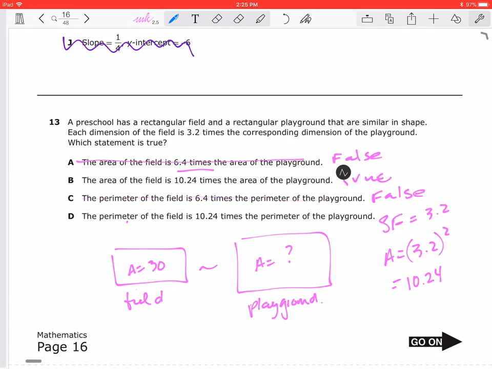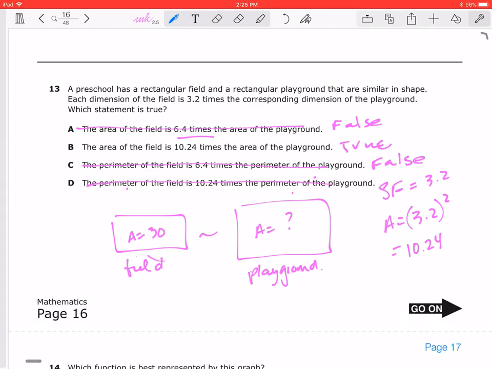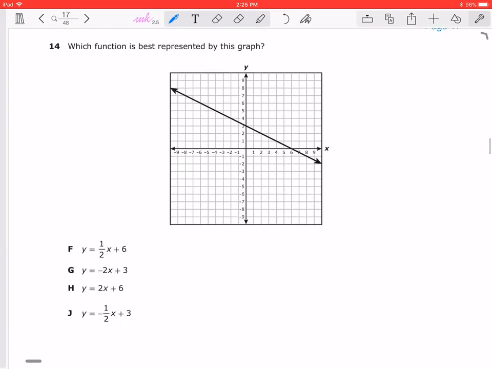That's false, so it's not A, C, or D either, because the perimeter has the same scale factor, the same ratio as each side length. With side length we're talking about one dimension, while with area we're talking about two dimensions, so it's squared. And remember, volume is going to be cubed, but they're not going to ask you any volume questions.